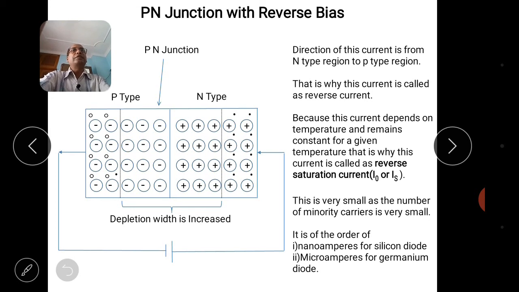That is why this current is called reverse current. Because this current depends on temperature and remains constant for a given temperature, it is called reverse saturation current. This is very small as the number of minority carriers is very small. It is of the order of nanoamperes for a silicon diode and microamperes for a germanium diode.